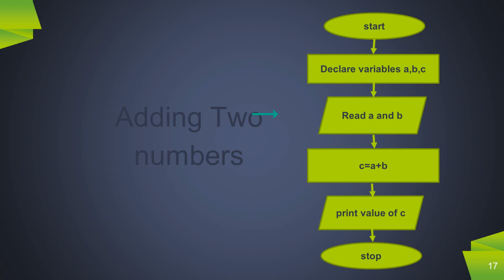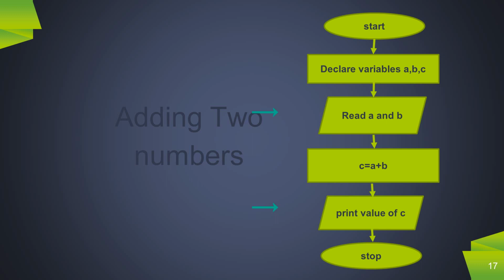After reading the input, again I am processing the addition, so c is equal to a plus b. The next box is again a parallelogram which is used to print the value of c. On top of the processing, that is on top of a plus b, I have shown reading a and b.